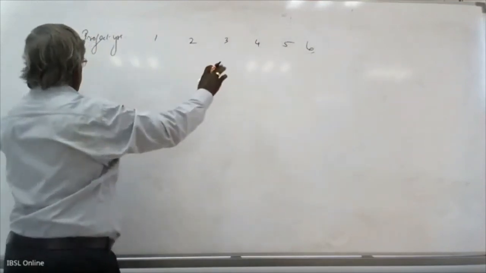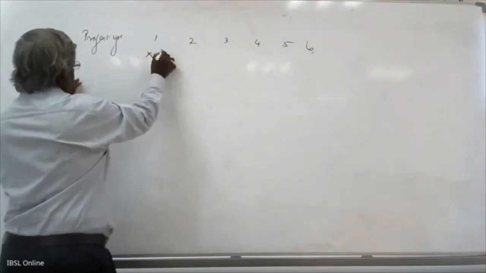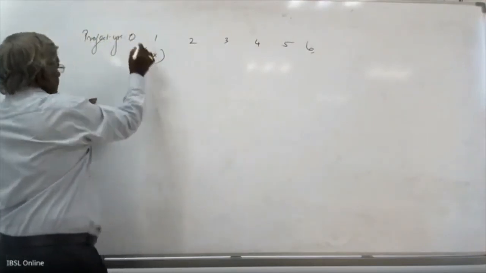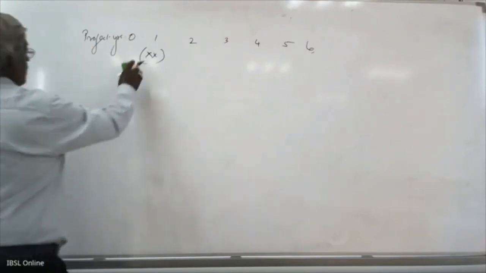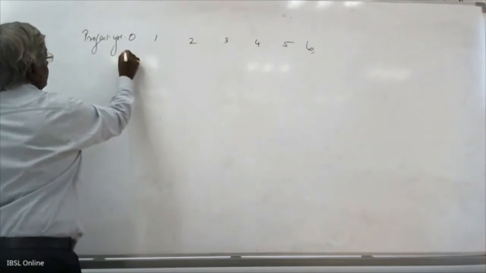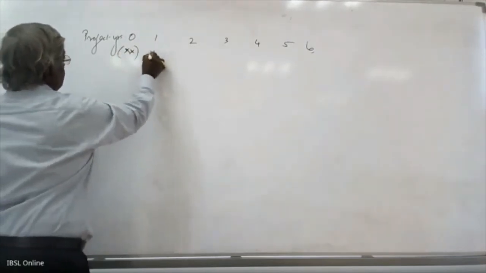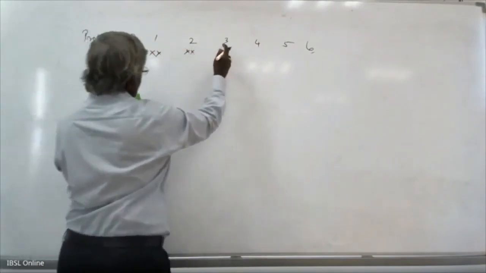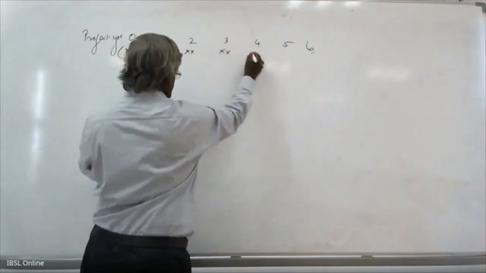Year 0 it will be negative, that is the investment. Project year 0, 1, 2, 3, 4, 5. Here negative. Then these are income coming, so positive. Sometimes negative may also be there, but let us consider positive.